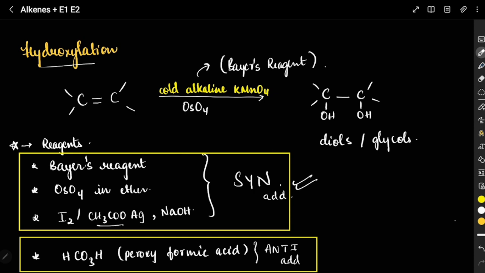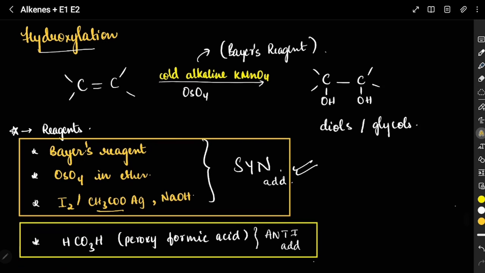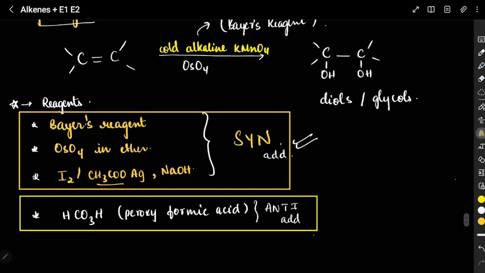If they attach on opposite sides, one from up and one from the bottom, then it is called anti-addition. So these reagents, the Bayer's reagent, the osmium tetroxide in ether, or I2 and CH3COOAg in NaOH, all perform syn addition.